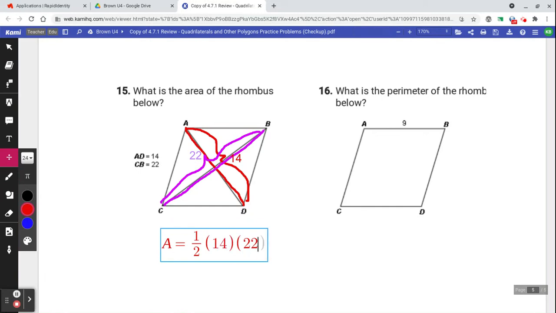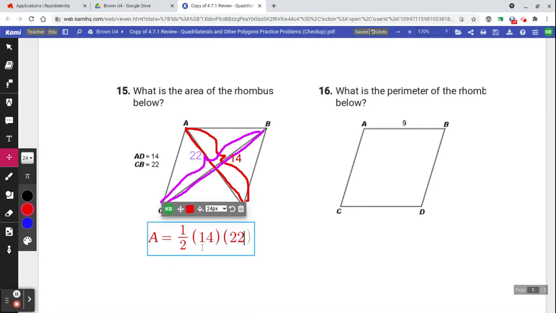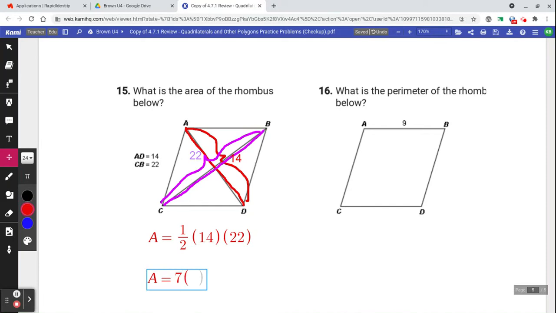Times D2 is 22. And we could take half of 14, 7, and multiply by 22, or we could take half of 22, 11, and multiply by 14. It really doesn't matter. I'm going to take half of 14, and you are going to type that into your calculator to get the final answer.